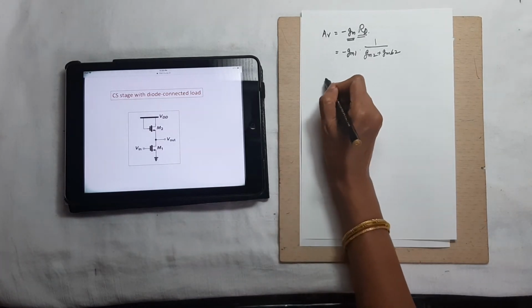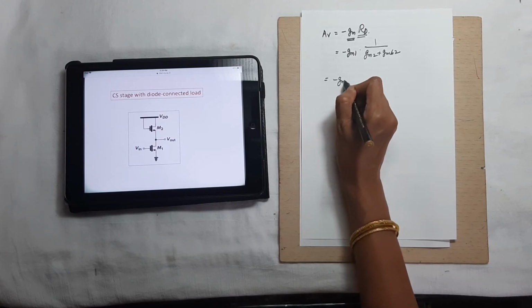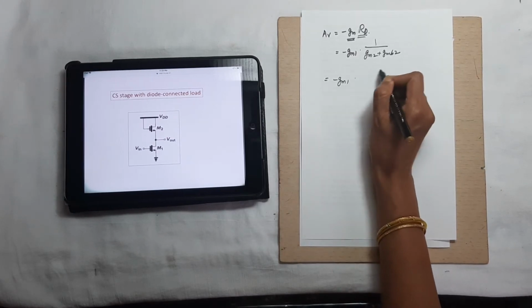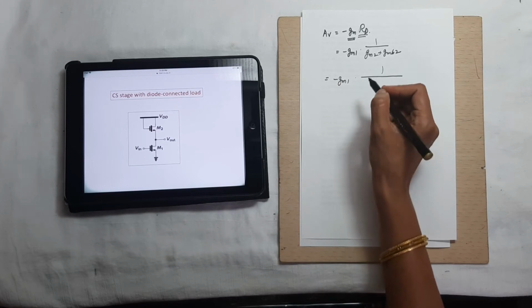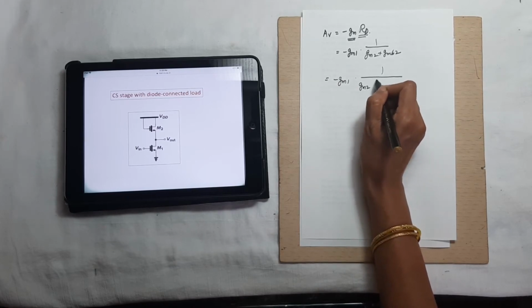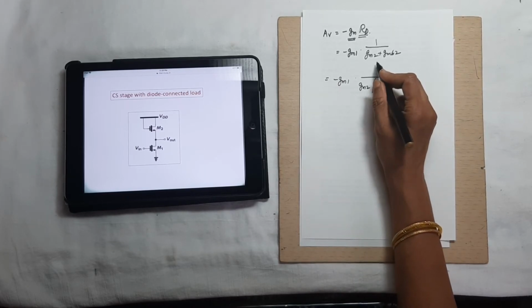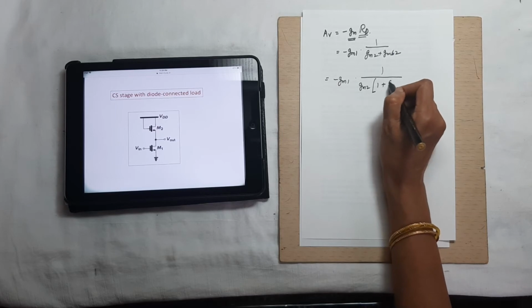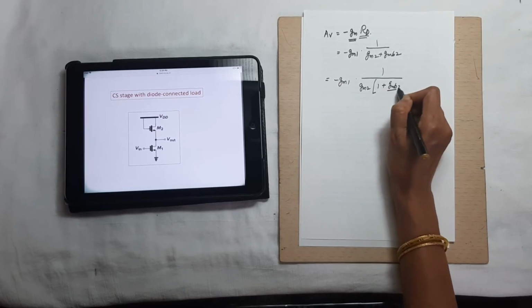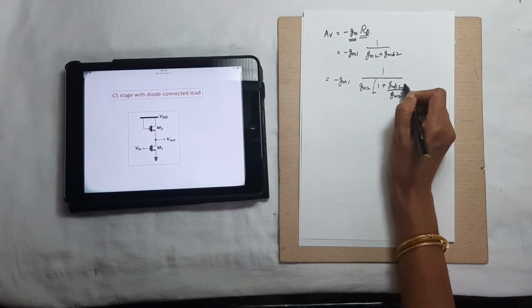So this is equal to minus GM1 into 1 upon GM2 into bracket, GM2 is common, 1 plus GMB2 divided by GM2.